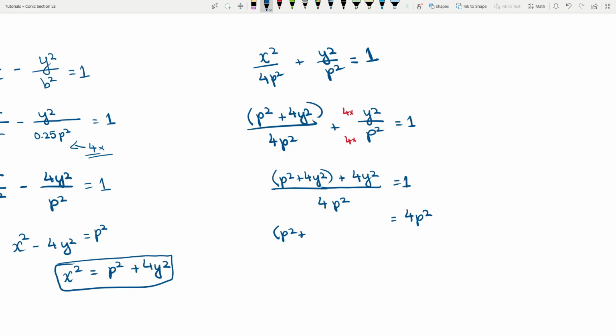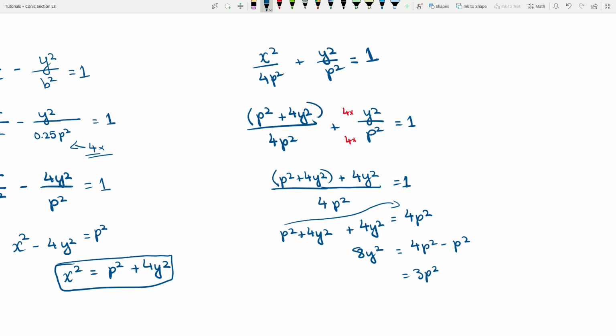p squared plus 4y squared plus 4y squared. Okay. We can remove the brackets actually. This will become 8y squared, and then we can bring the p over the other side. This will be 4p squared minus p squared is 3p squared.